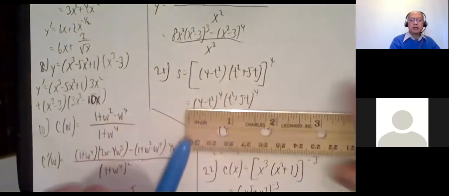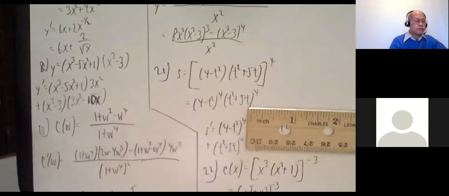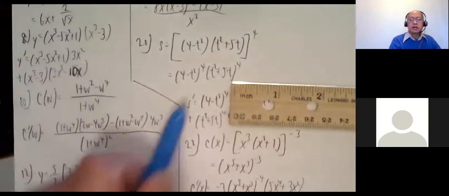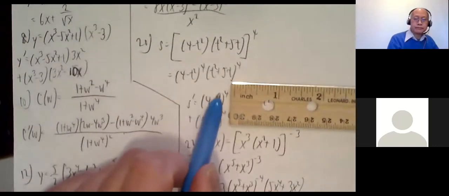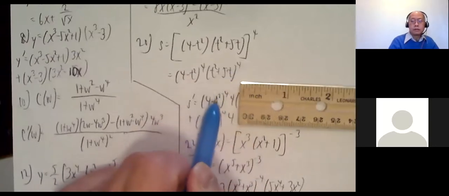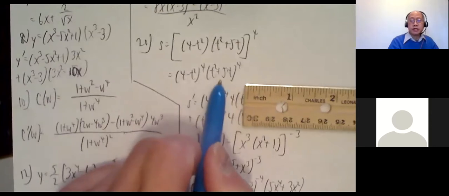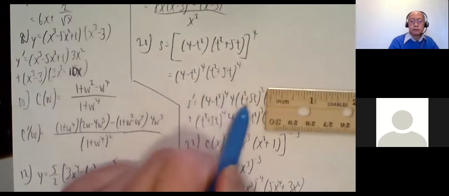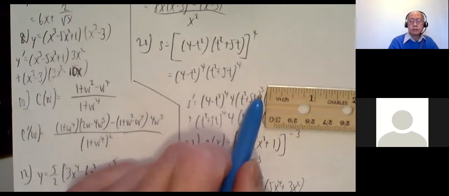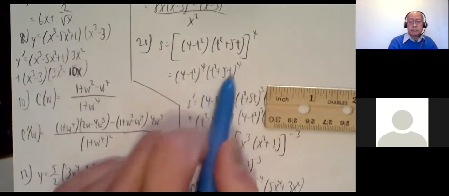Copy the first function, s prime, (4 minus t squared) to the 4th power, times the derivative of the second, 4 (t squared plus 5t) raised to the 3rd. Then by the chain rule times the derivative of the inside.